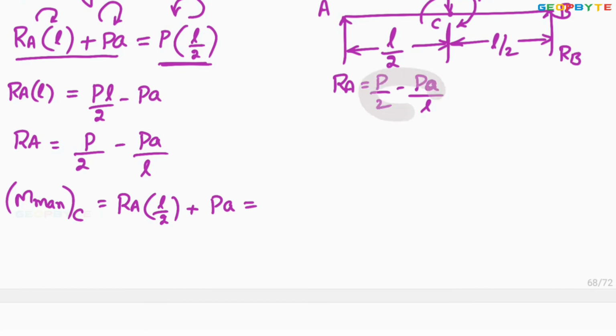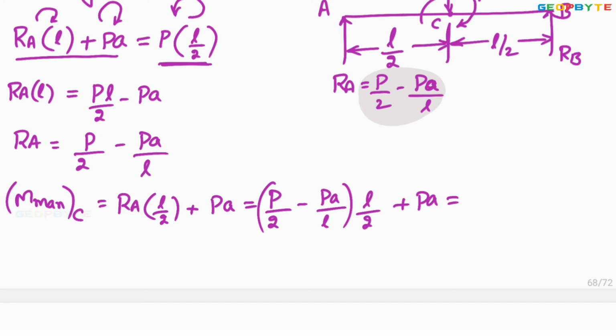This is the RA, that is RA equal to P by 2 minus PA by L, into L by 2 plus PA. It is equal to PL by 4 minus PA, of course L cancels, PA by 2 plus PA.